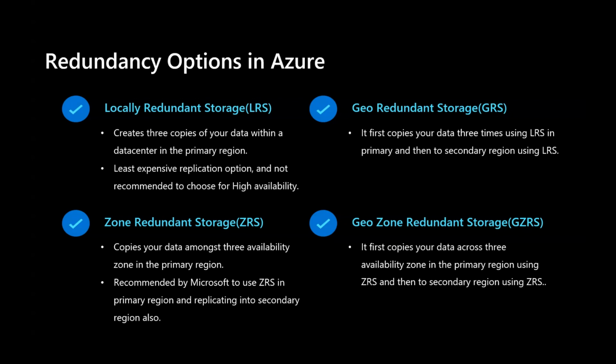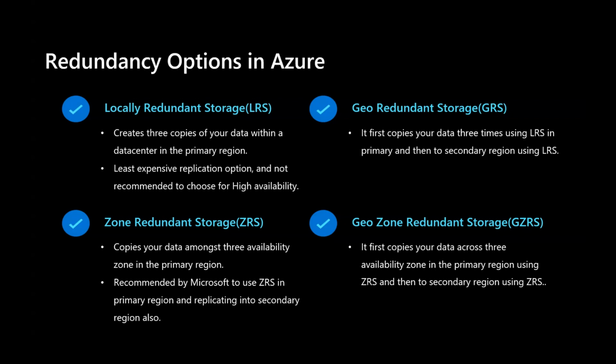Now coming to the types of redundancy options in Azure, Microsoft provides availability in a single region as well as in the paired region. Starting with locally redundant storage, which is LRS, it copies your data simultaneously three times within a single data center in the primary region. LRS is the least expensive replication option.